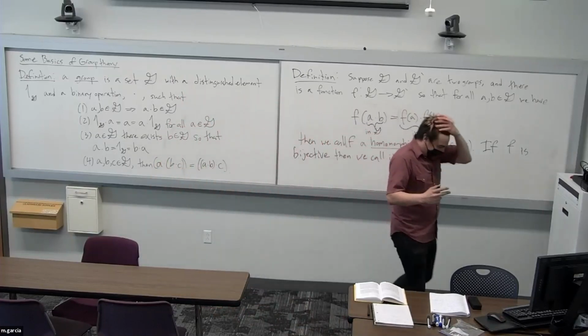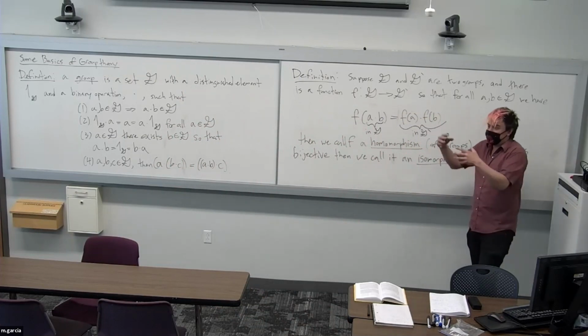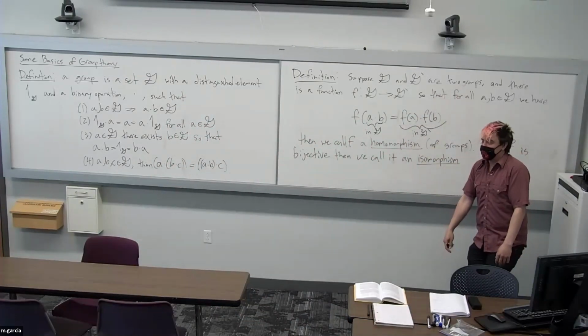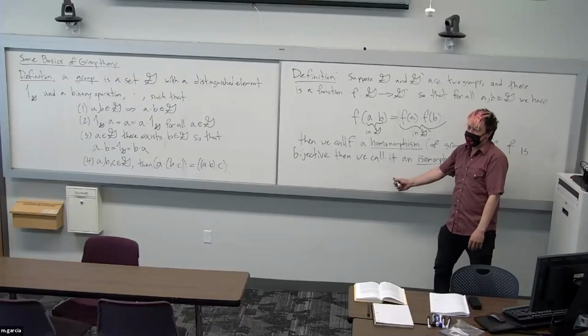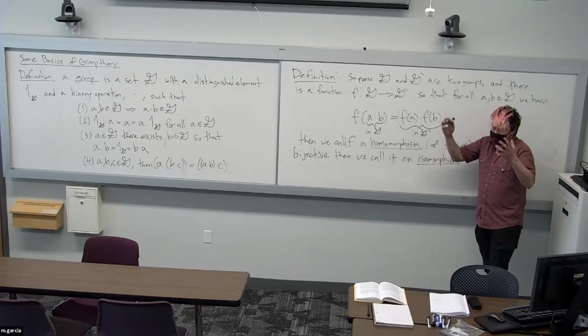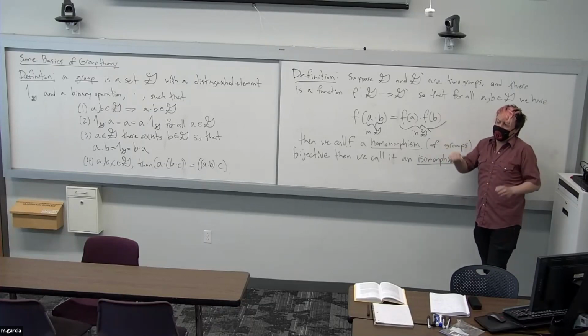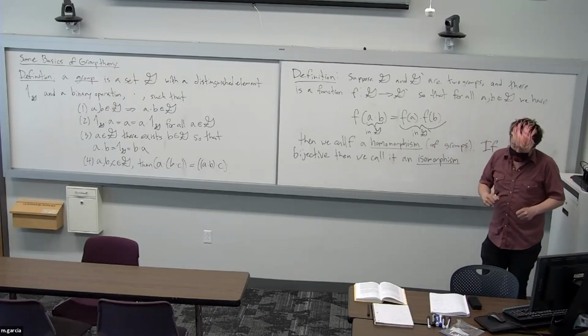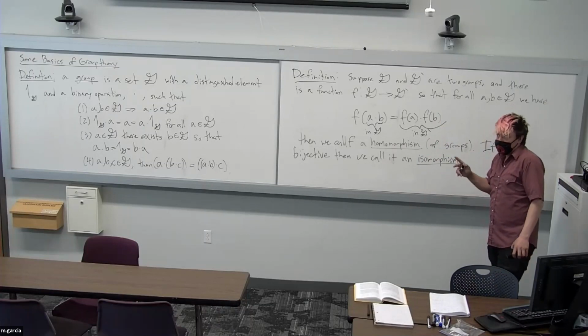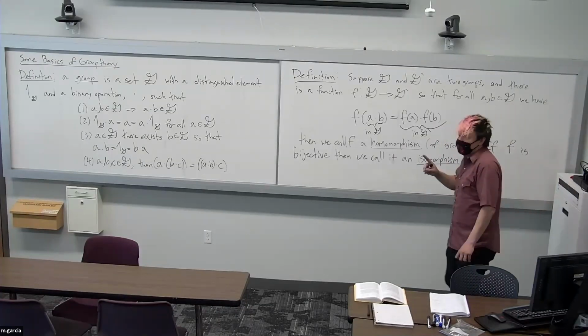So that's the technical workaround from actually having to write down the multiplication table. If you can construct a bijective function that preserves multiplication, then you've shown that these groups have the same structure. Okay? So let's look at a couple examples. One, not so hard. The other one, kind of surprising.